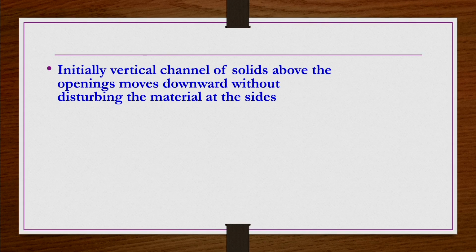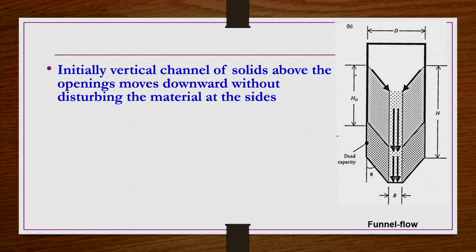Initially, a vertical channel of solids above the opening moves downward without disturbing the material at the sides, right. So, like shown here. Now, what happens at the opening is that the material just above the feeder falls out as a vertical column, a vertical channel like this.